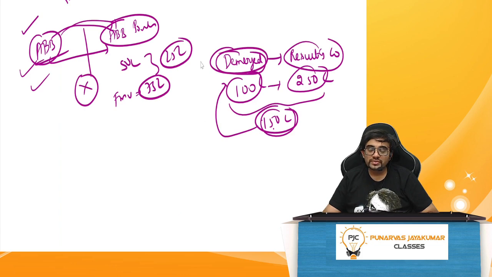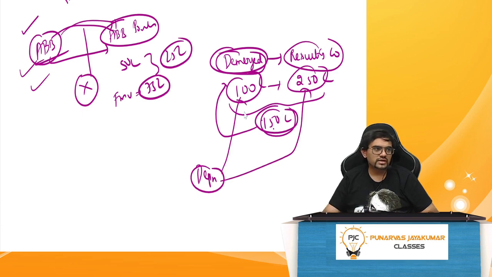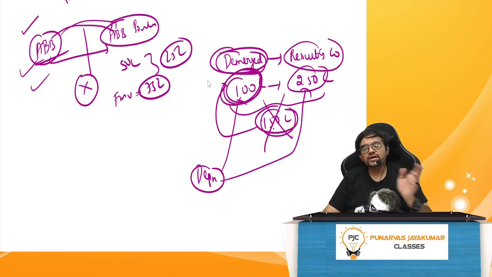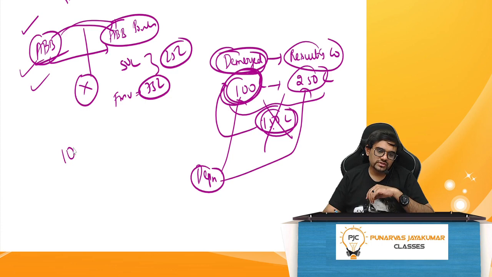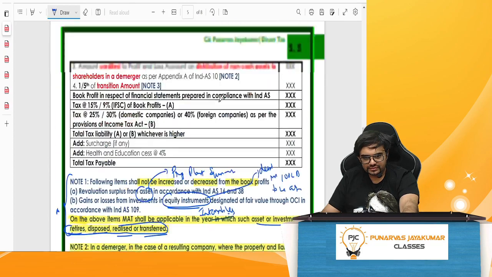Now tomorrow depreciation on the asset will be taken on 250 or 100? Because this 150 has been ignored, depreciation will be computed on 100. Depreciation will be computed on 100 and not 250. Hope you got the point. So guys, if the book value is 100, FMV is 88, this 12 will be added back as per this point.